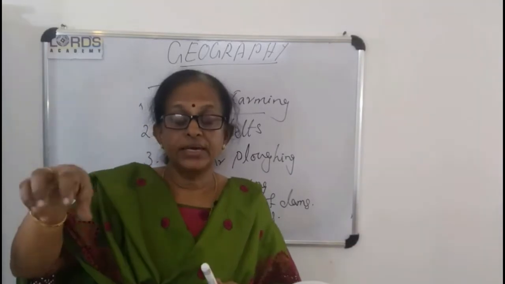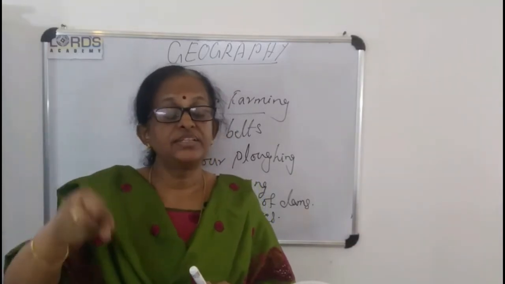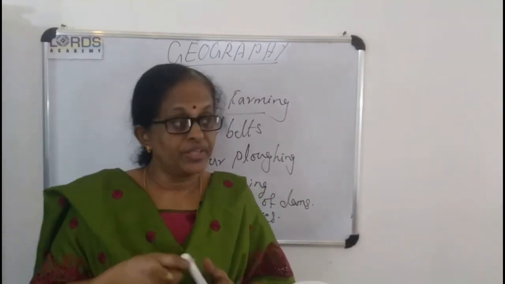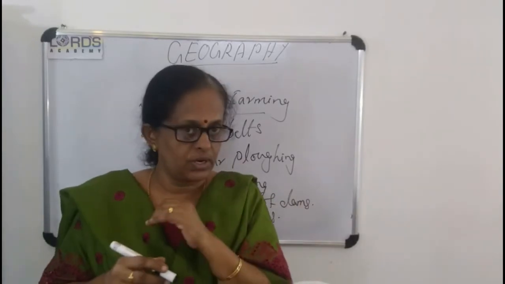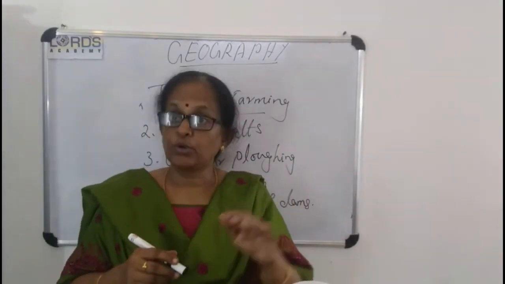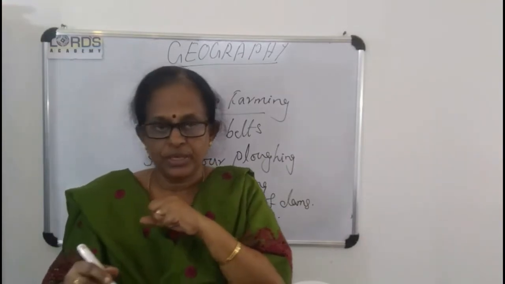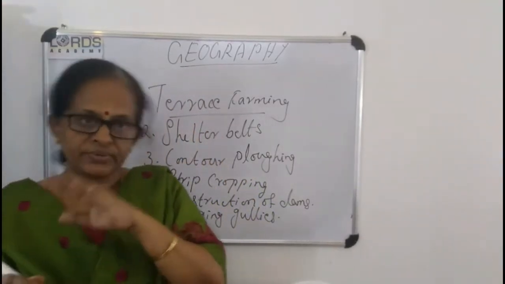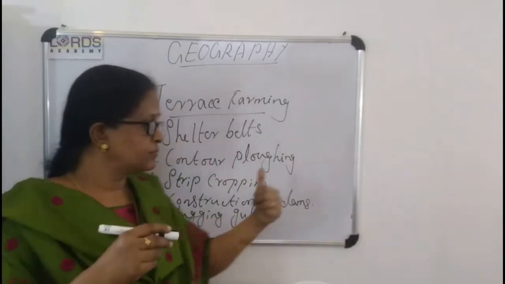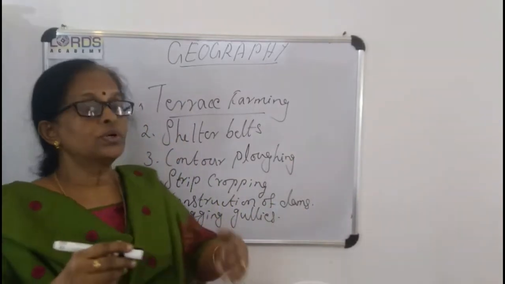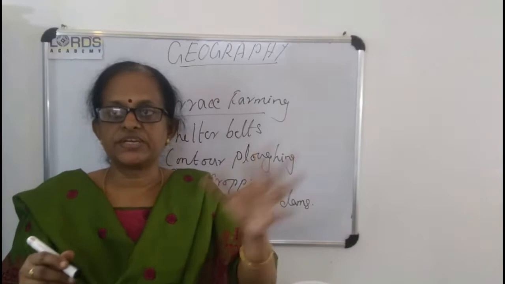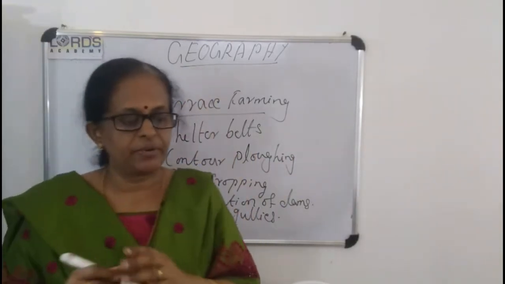Because there is deposition of silt when there are heavy rains. Then the soil erosion we can control. Gully erosion, we studied, happens because of heavy rainfall. Gullies form and then the land will be unproductive. But in some places we plug gullies to control soil erosion, because the silt and soil will be deposited in that place.